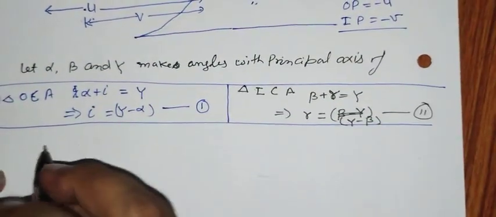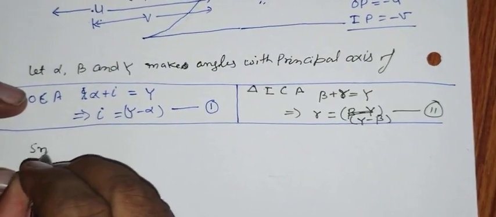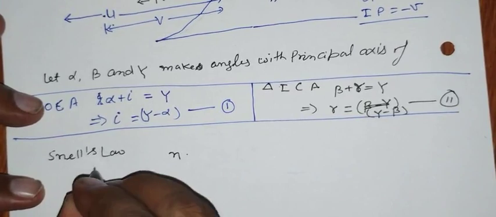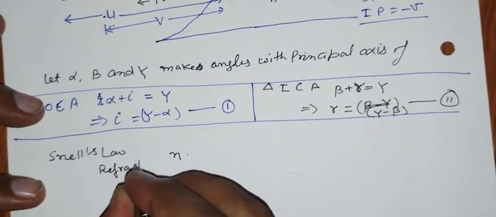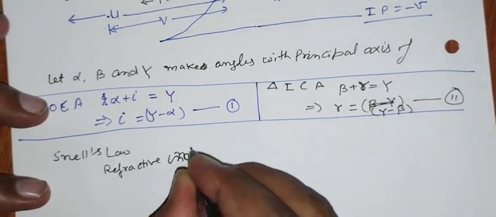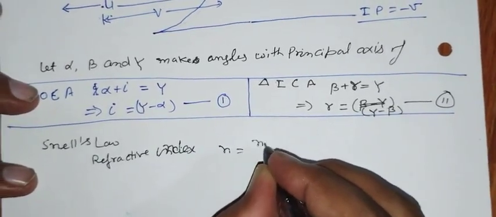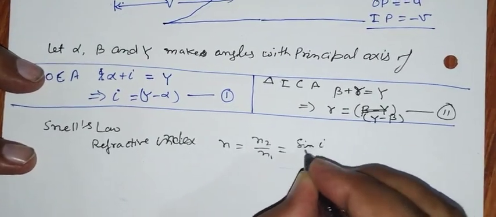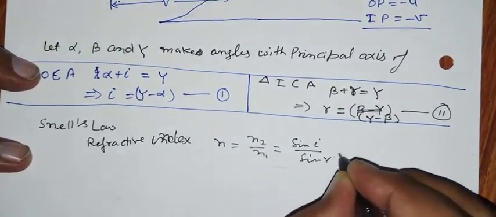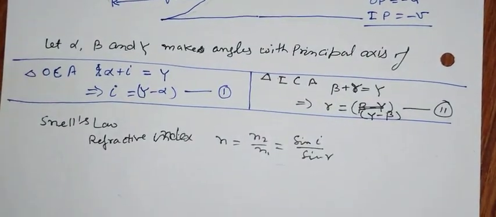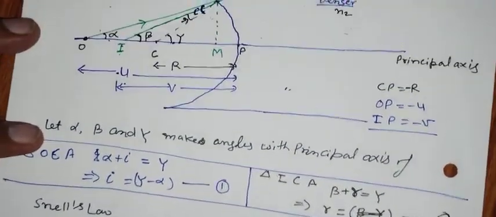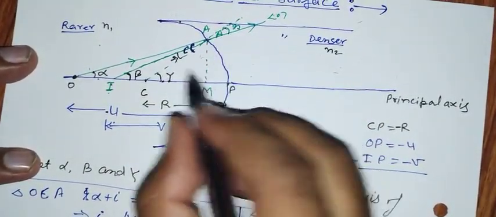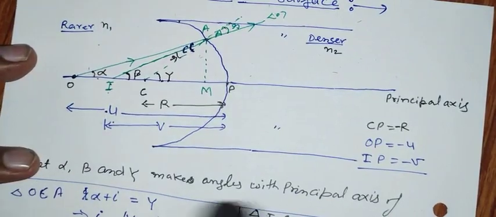So the third equation we are going to take is for Snell's law, that is the refractive index n is equal to n2 by n1, which is equal to sin i by sin r. See here in the diagram, if A is close to M, then these angles are very small, so i and r are very small.